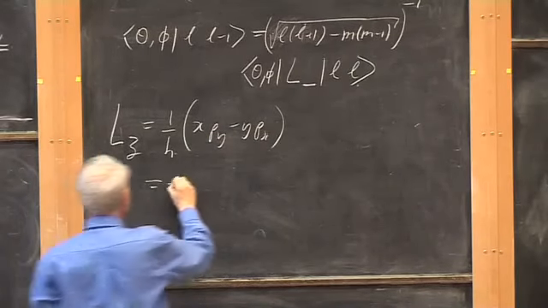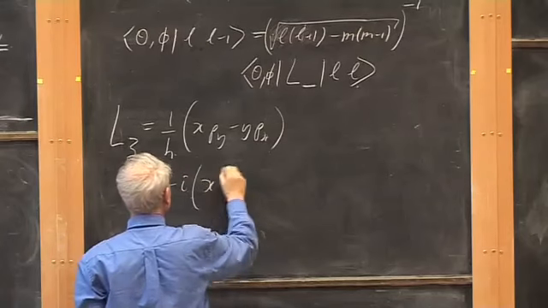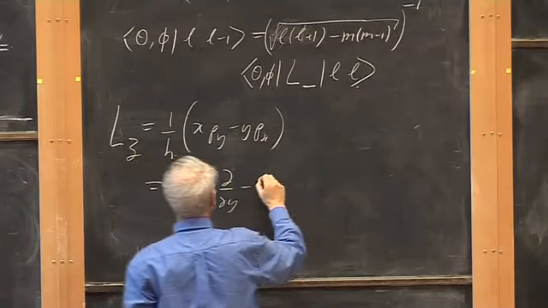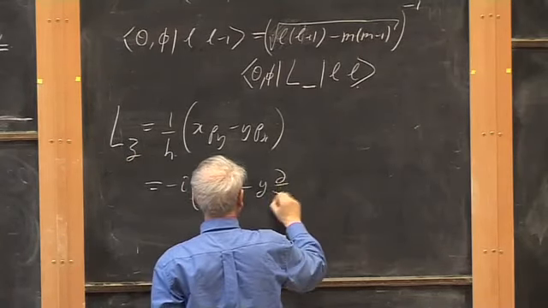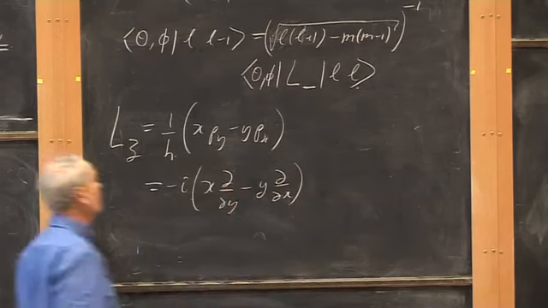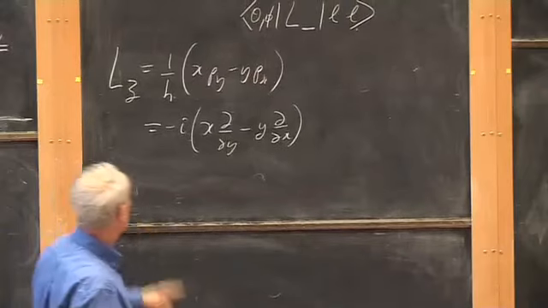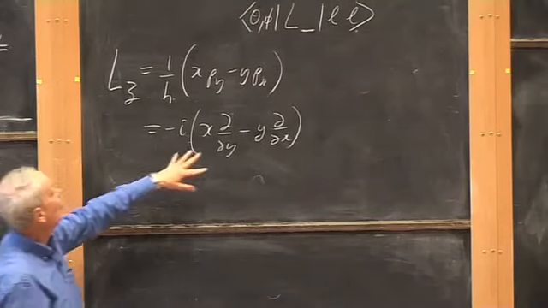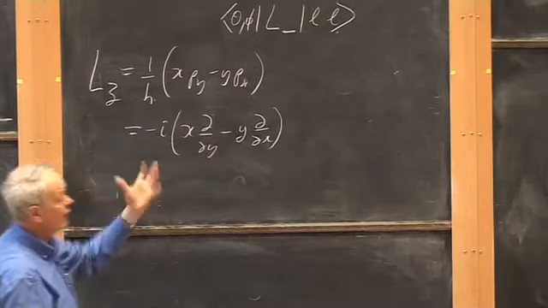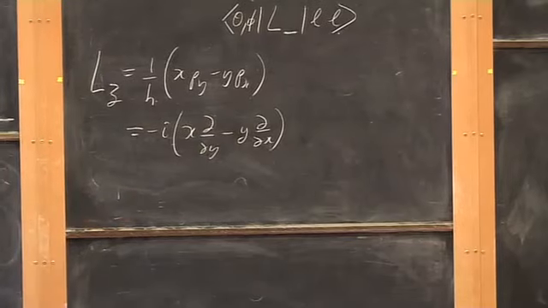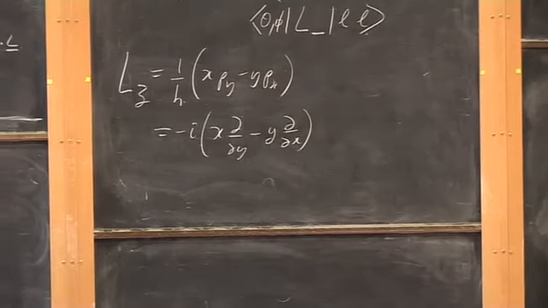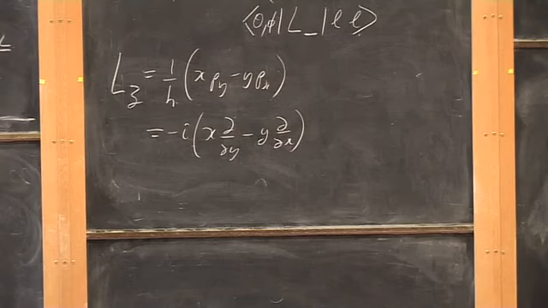So this becomes minus i (x d by dy minus y d by dx). Now, we would like to express everything in terms of theta and phi, because we know angular momentum is to do with rotations. That's why we want to use theta and phi, spherical polar coordinates.